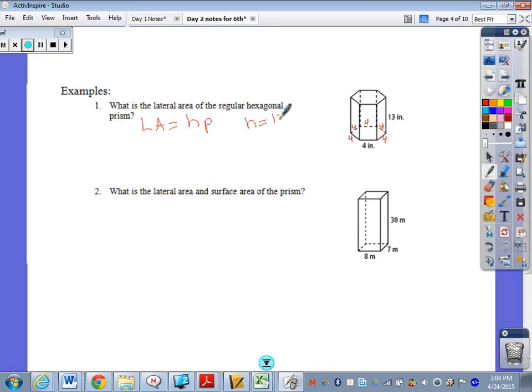H is 13 because that's the distance between the two bases. P, I'm going to add up 4 6 times, so that's 4 times 6, which is 24. And then I'm just going to multiply them together, and that gives me the lateral area, which if you multiply that together, you get 312 inches squared.